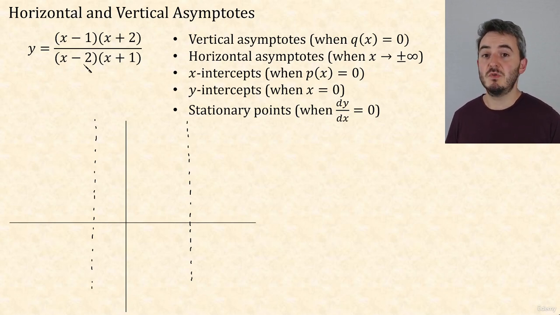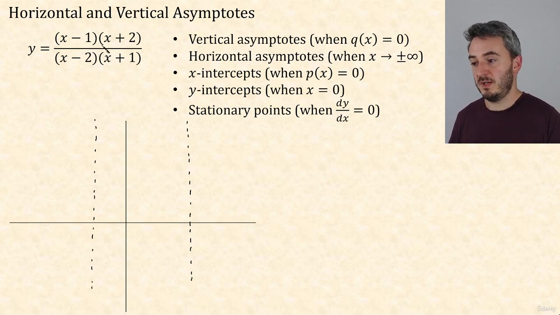By the time you're at x equals a billion, x squared is so much bigger than the 1 or 2 or 3 billion you're getting from the unsquared terms that they just don't really matter. So this is tending towards x squared over x squared, or 1. So we've got a horizontal asymptote here of y equals 1.